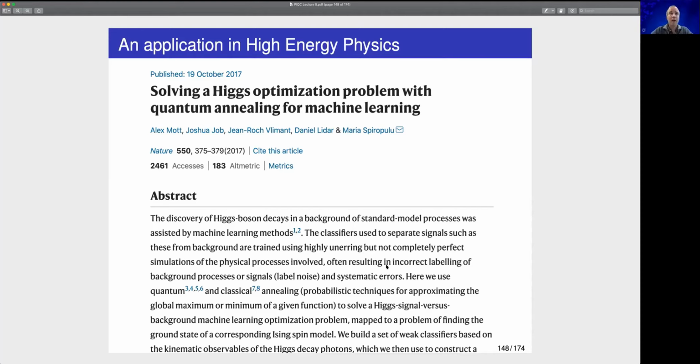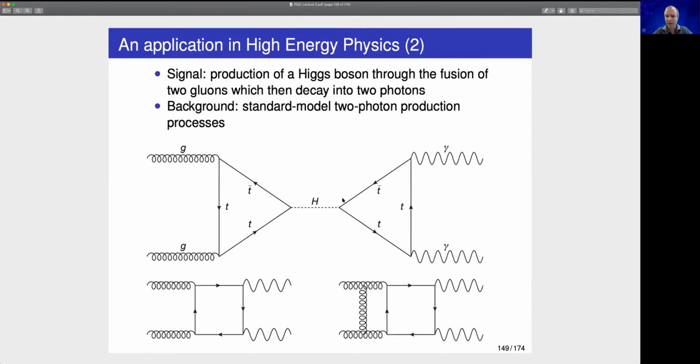So here I'm highlighting this work by researchers from the University of Southern California and also from Caltech, in which they use quantum annealing for a problem in which we have events that come from particle collisions, in which two gluons are involved, and we also have the production of two photons.